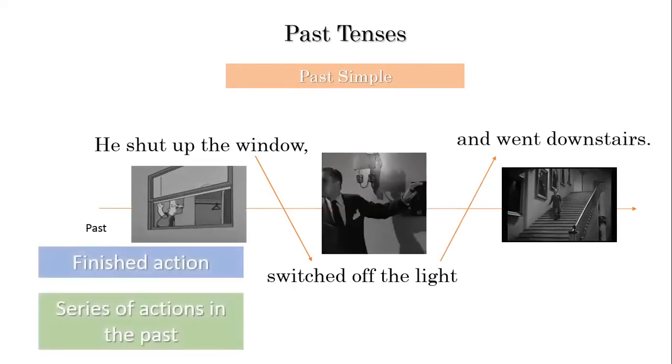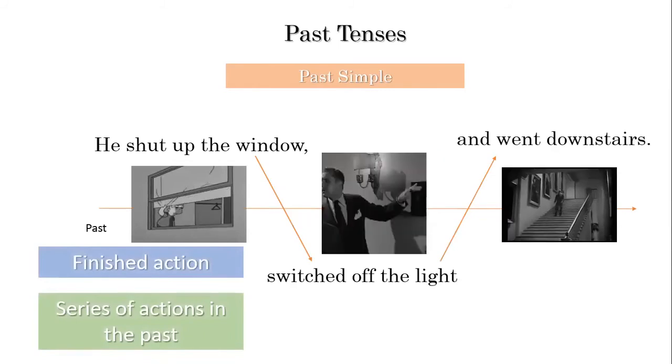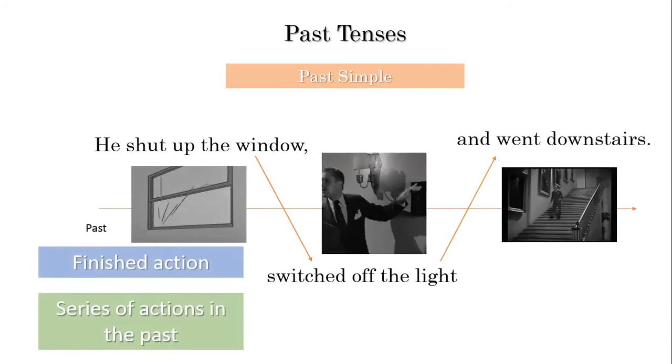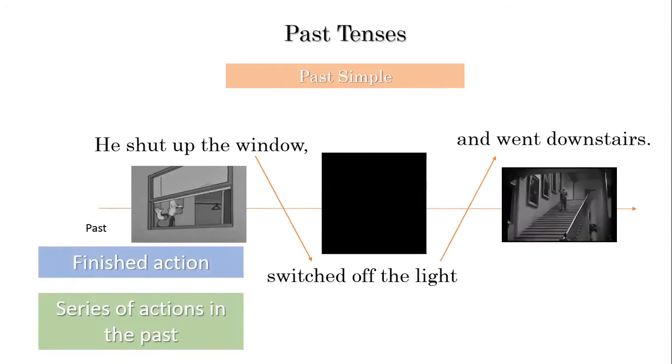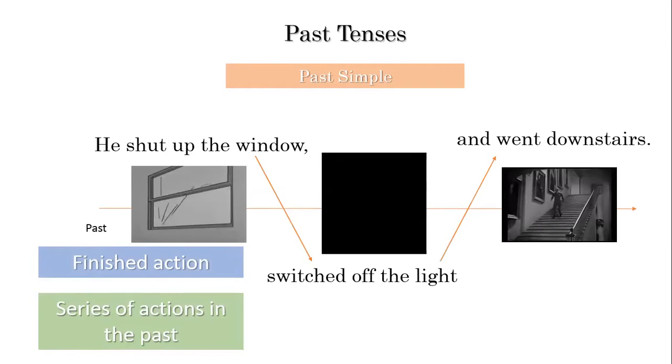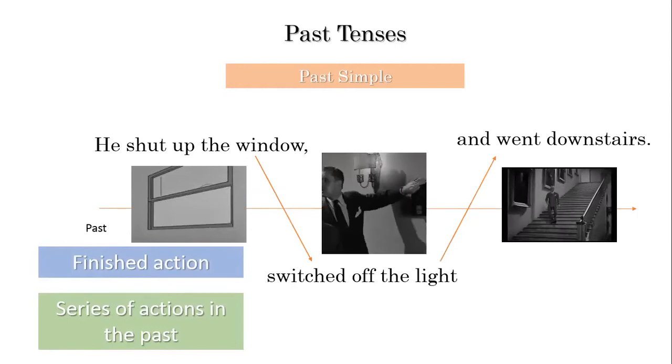Here, we see that we can use past simple for the series of actions in the past, when one action happened after another action. For example, I got home, took off my shoes, and went to the kitchen. That's also possible. Okay, if you understood, let's continue our lesson.